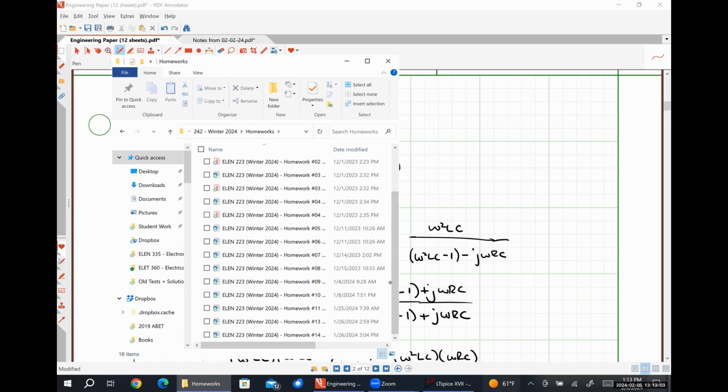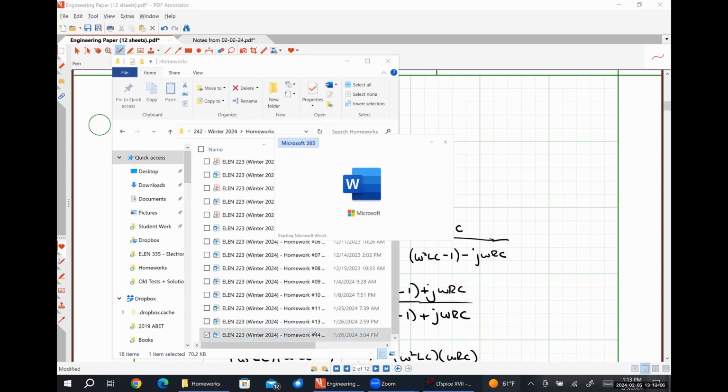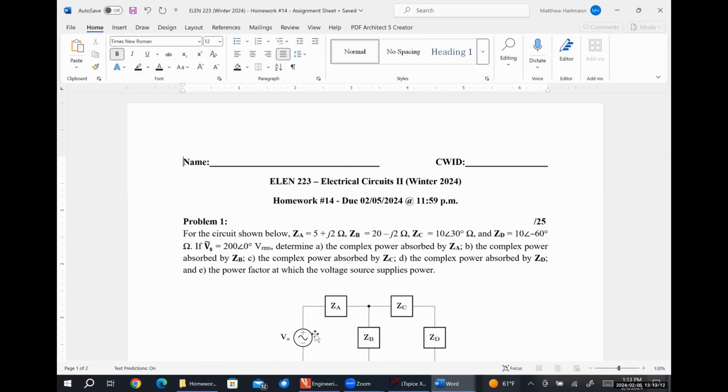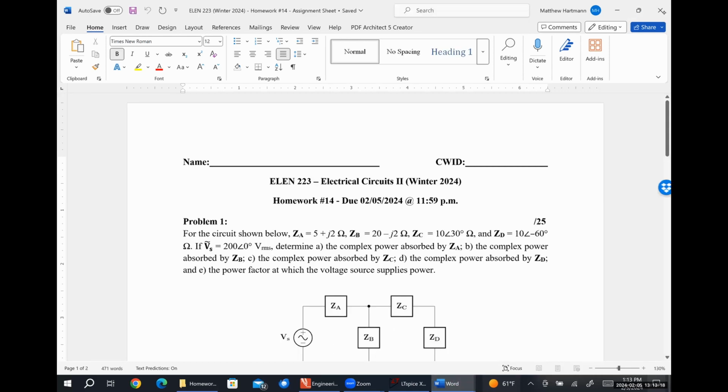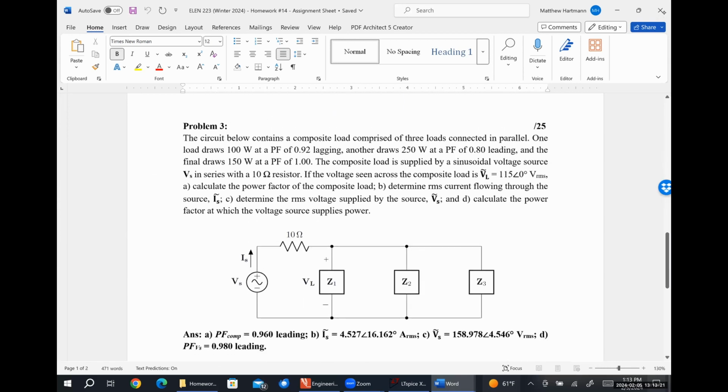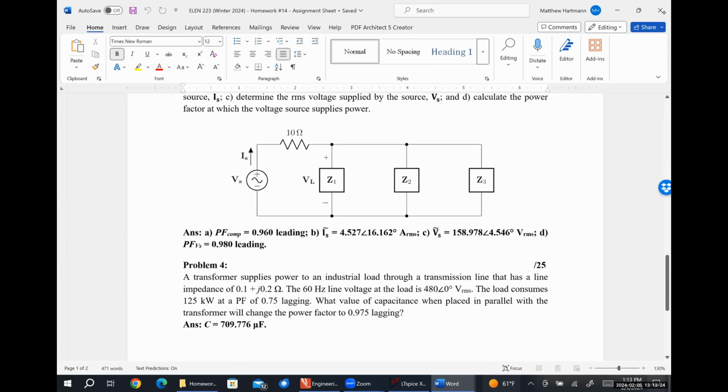Homework 14, you said, right? That is for a wildly different class. Hold on, let me close that out. This is Circuits 1 crap. Okay, killed it. This is easy.